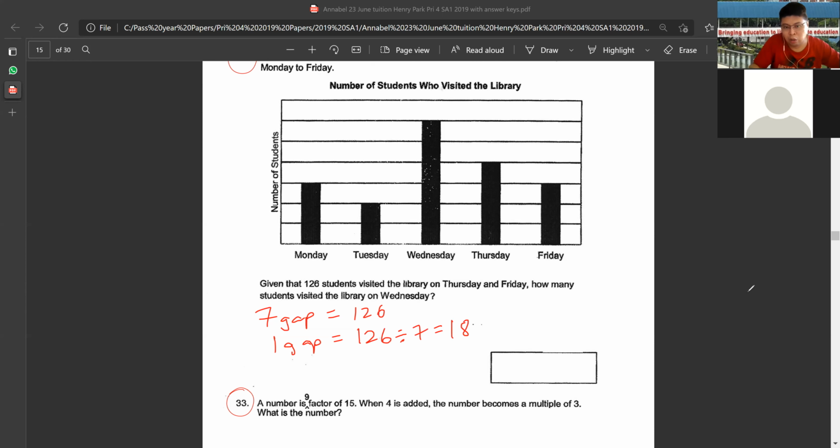Okay, I have no time to do the long division with you already. I have to quickly go through. So one gap is 18. Then Wednesday has how many gaps? Wednesday has 6 gaps. So what must you do?